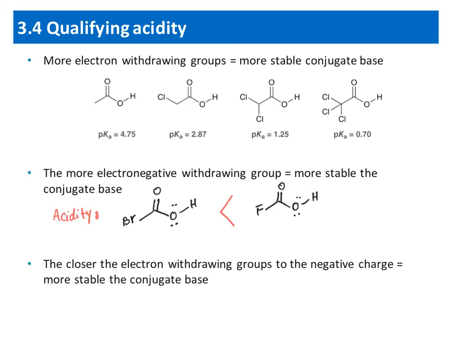Another important factor is that the closer the electron withdrawing group is to the negative charge center, the more stable the conjugate base would be. So if we compare these two molecules, I have chlorine here.